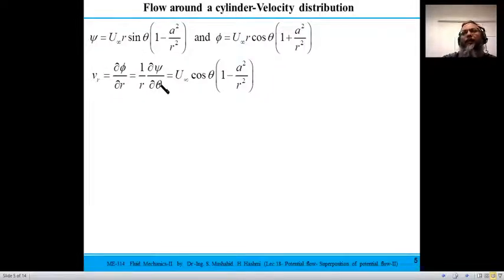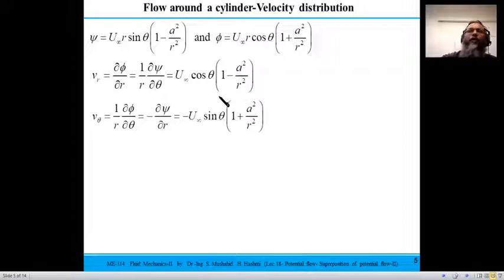So here the easiest thing is, you have the stream function. If you differentiate with respect to theta, or you differentiate phi with respect to r, you are going to get the velocity component in the radial direction.